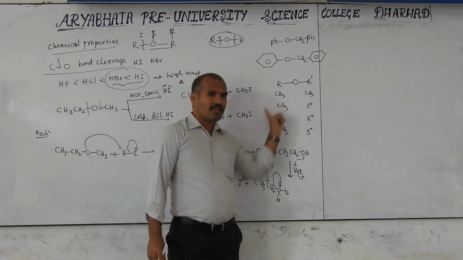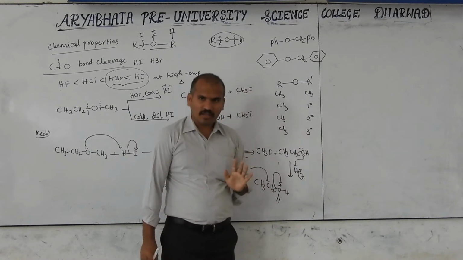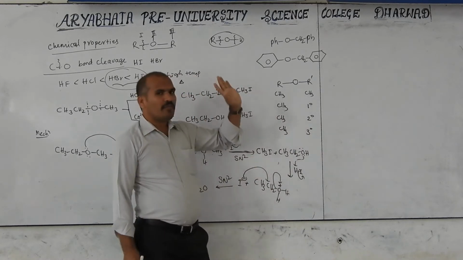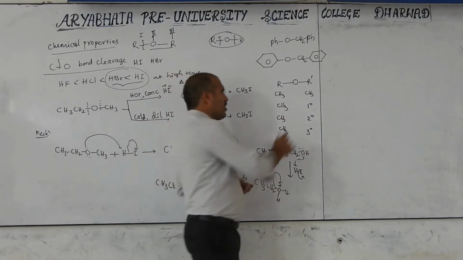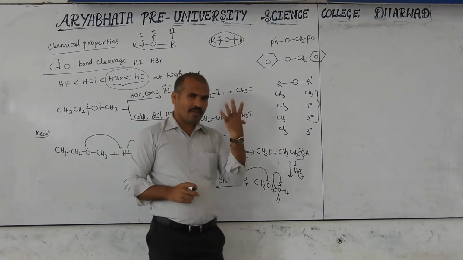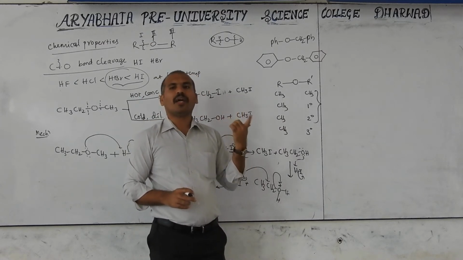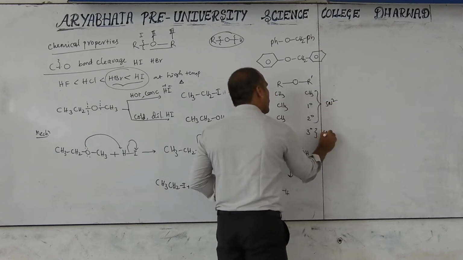Now you have to decide which will undergo SN1 and which will undergo SN2. Up to here, which one? SN2. If any one of the groups is tertiary, it undergoes SN1. That's why these are SN2, and this is SN1.